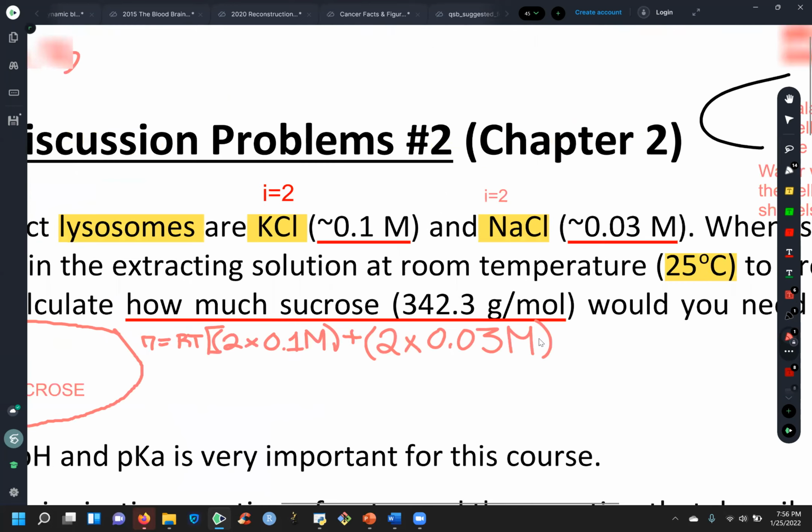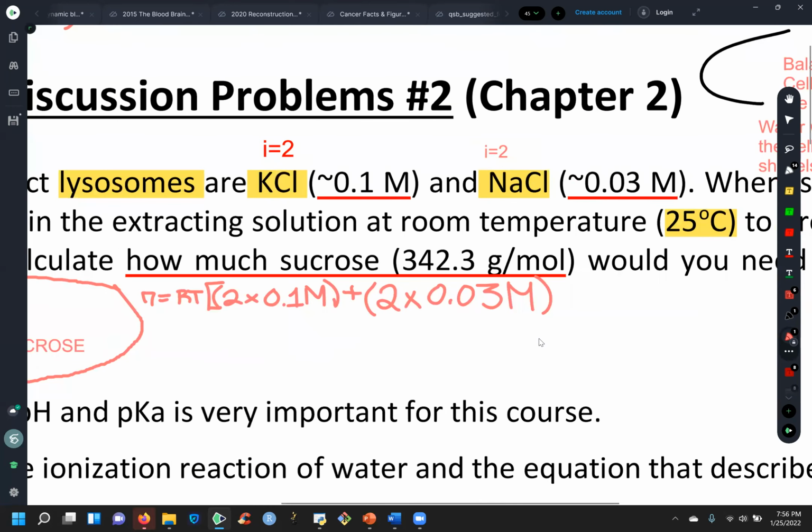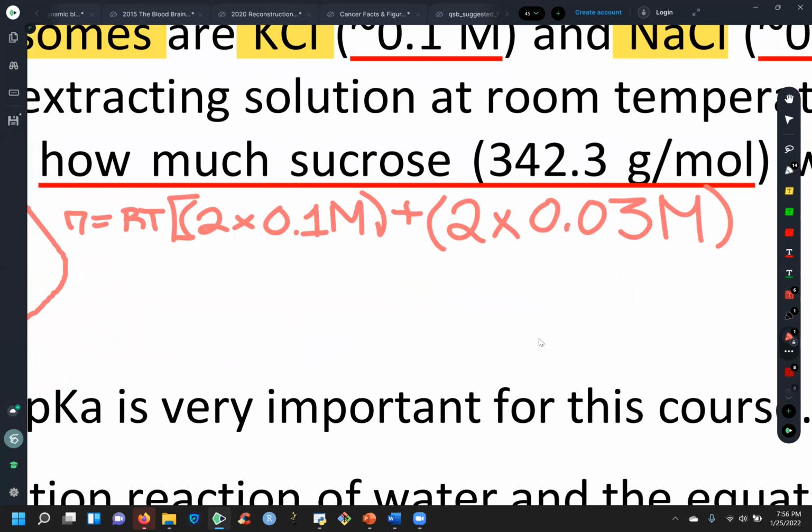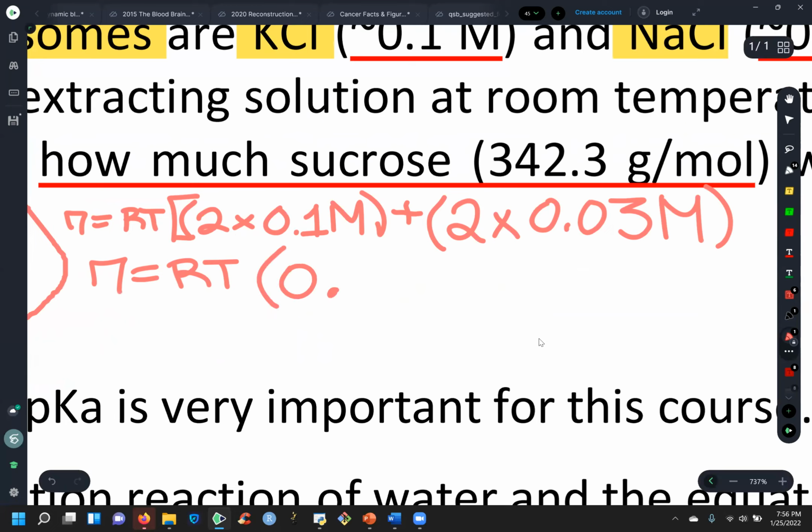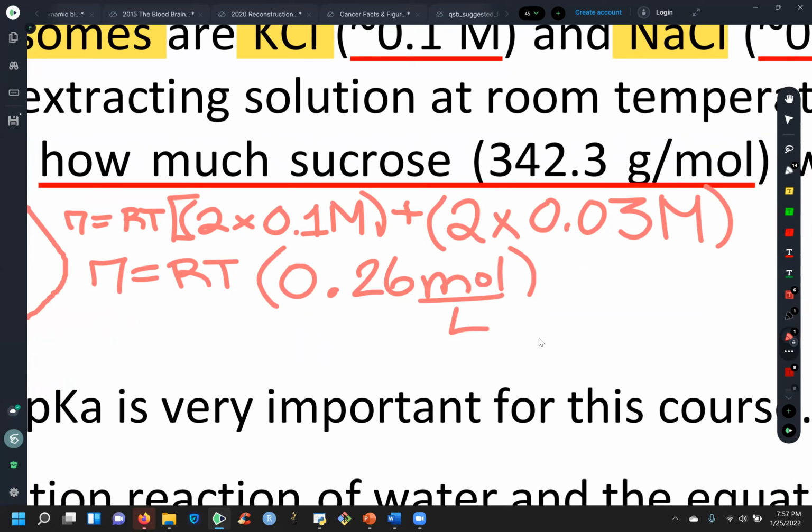When you do the math, you get osmolarity equals RT times 0.26 moles per liter. Molarity, the capital M, is just moles per liter. This is the osmolarity we need for the extracting solution.